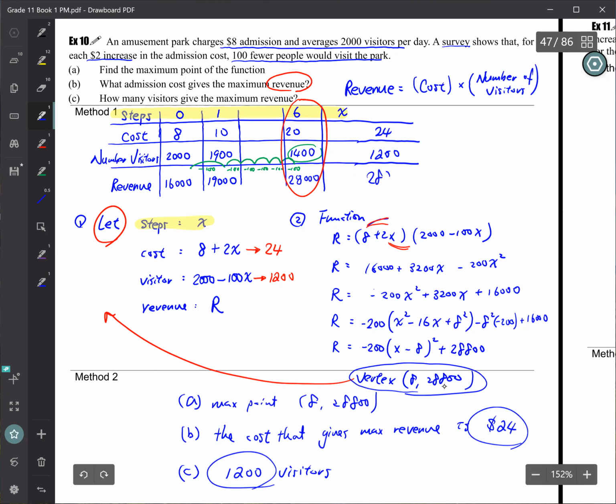Yeah, okay. And that number is just the same as the y value for the vertex, right? You see the yellow highlighted. So that's what it means. The y value is the revenue, okay? So you can see everything is kind of similar to area. When you get the vertex, you can get the area and also either the length or width.